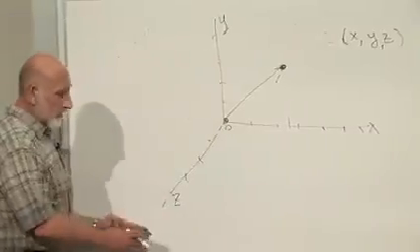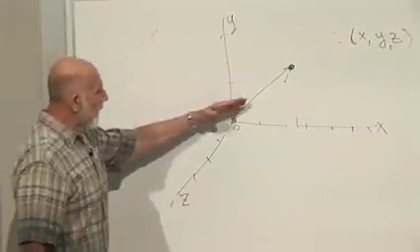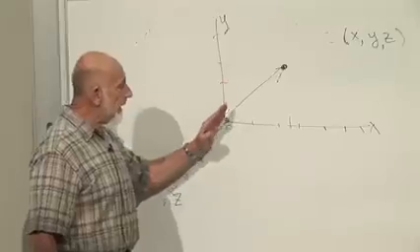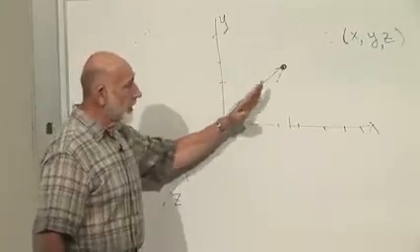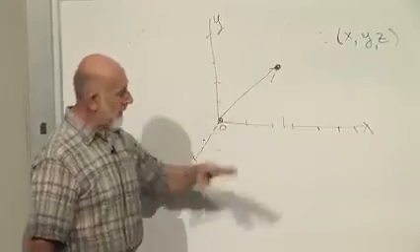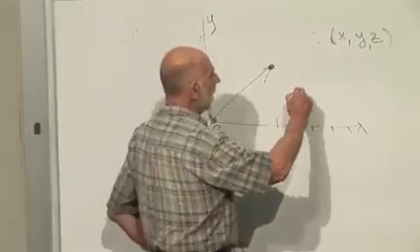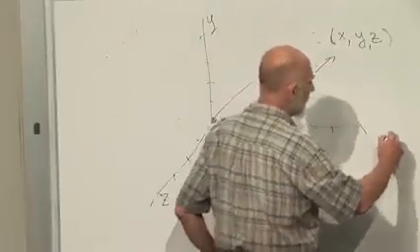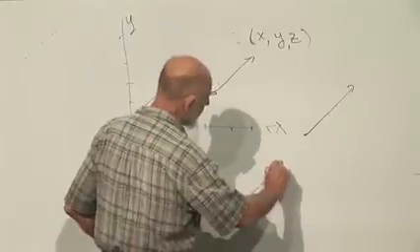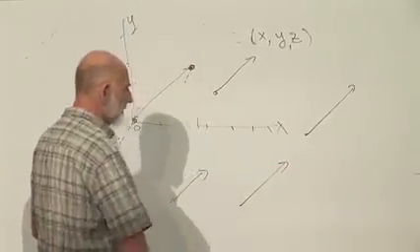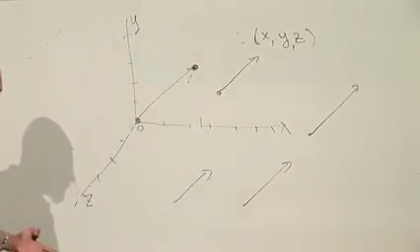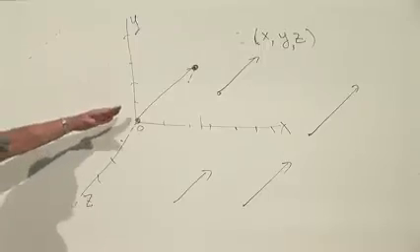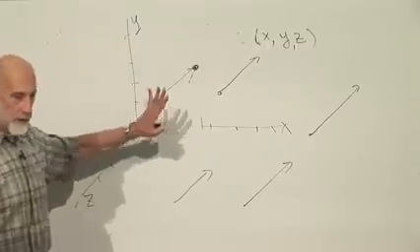Think of that vector as an object which has a length and a direction, but don't think of it as being located anywhere. Think of it as being the same no matter where I draw it in space. In fact, I don't even have to think about drawing it in space. It is what it is.